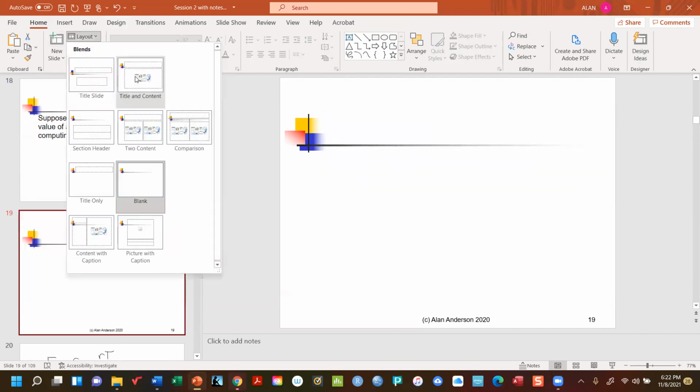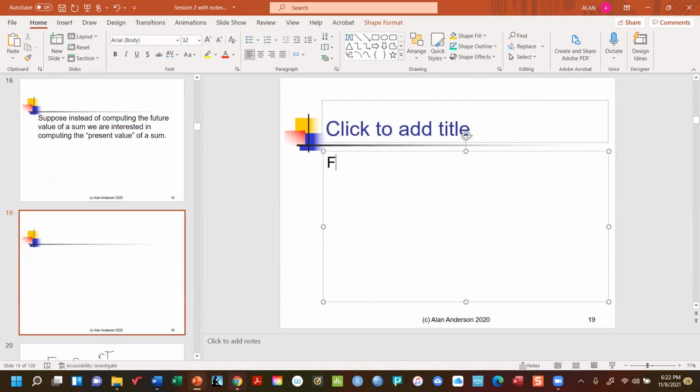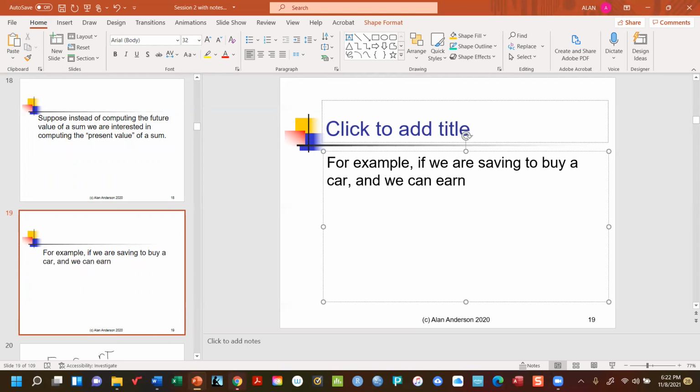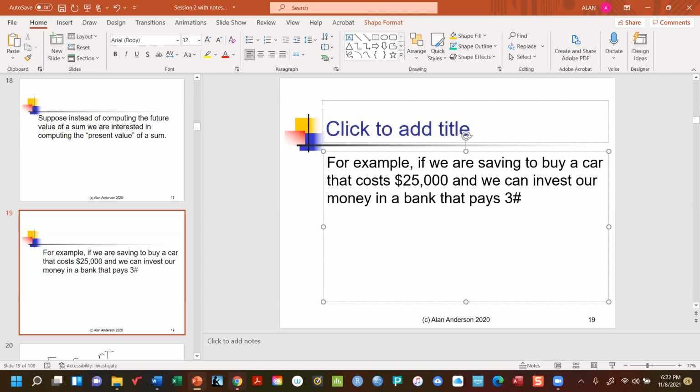For example, if we are saving for a car, and let's say the car costs $25,000, and we can invest our money in a bank that pays 3% per year, compounded continuously.